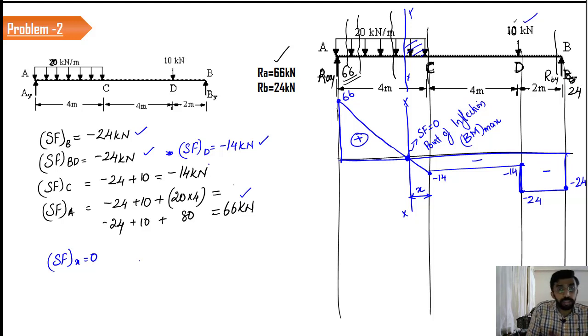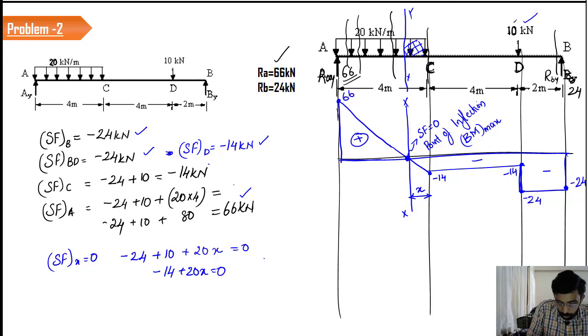So let us find the location. How will we do that? On your right hand side, you have a minus 24 and a plus 10. So we have taken these two. Now we have to consider the load in the shaded part, which is nothing but plus 20 into X. This should be equal to 0. So minus 14 plus 20 X equals 0, and the value of X is equal to 14 by 20, which is 0.7.